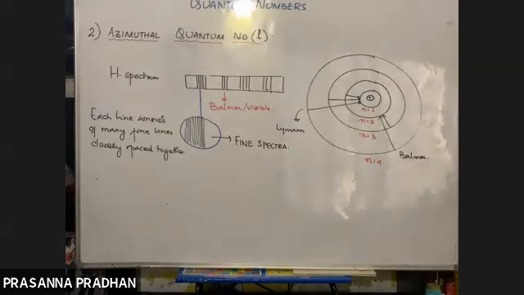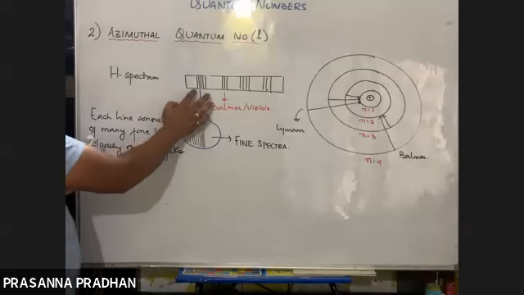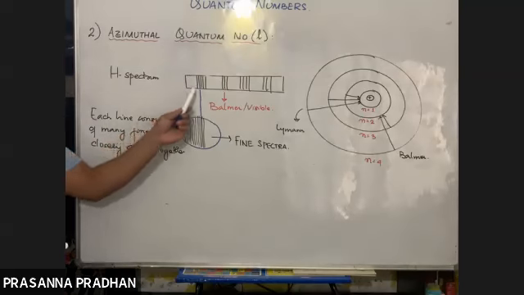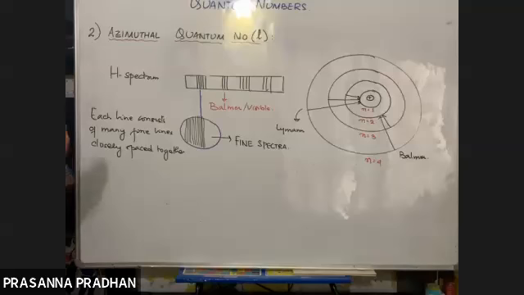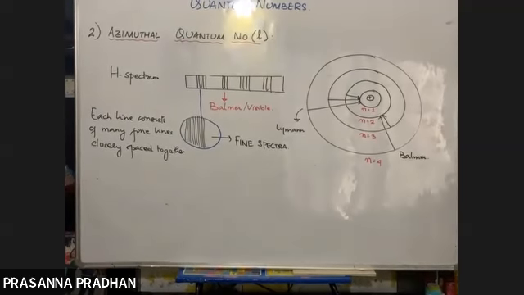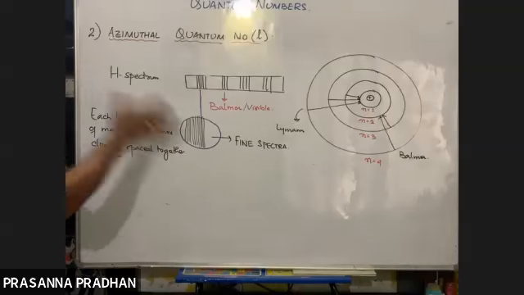So what was the thing? Bohr's theory could beautifully explain the occurrence of these lines, but when observed under a high resolving spectroscope, each line was found to consist of many fine lines closely spaced together, known as fine spectra.